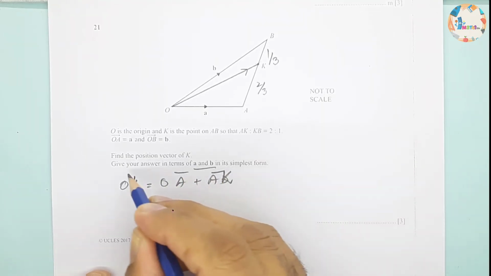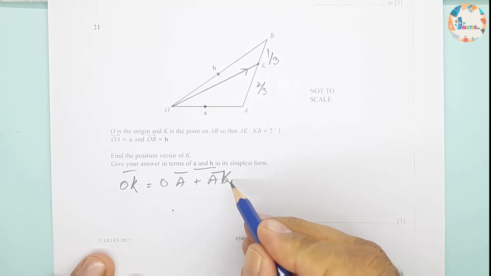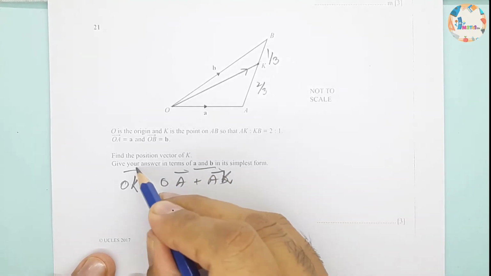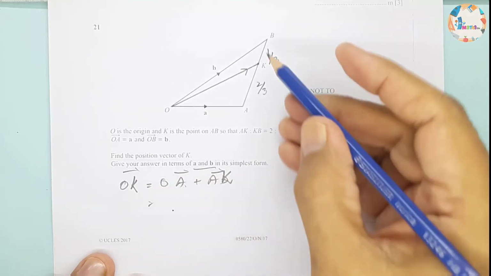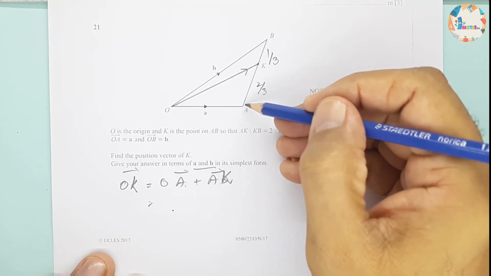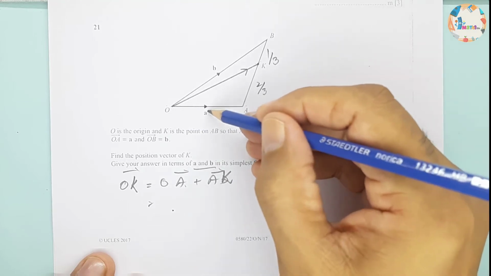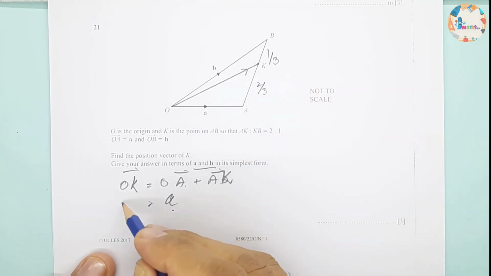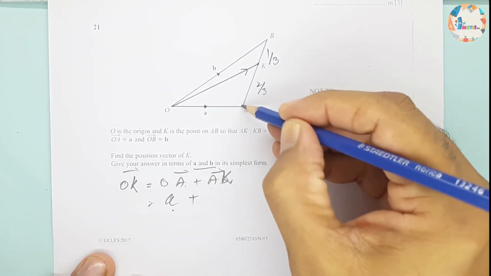First we have to find, basically, OA is A. This one we can write A, and plus AK is required.